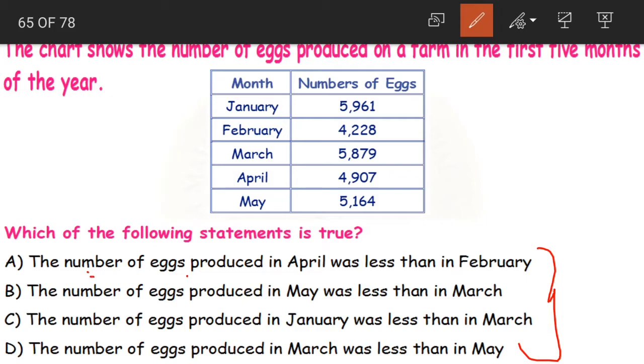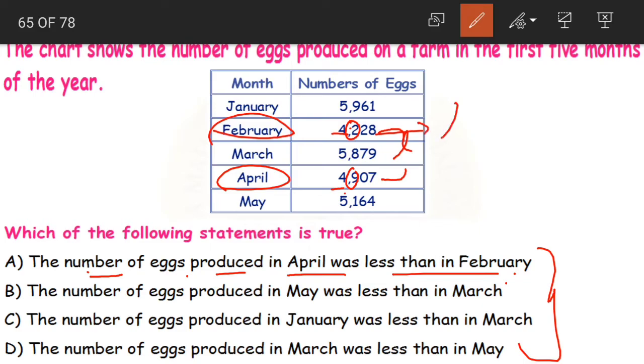Coming to option A. The number of eggs produced in April was less than in February. April, February. If we compare April and February, 4 and 4 the same. So, we will go with the next place, that is hundreds place, 2 and 9. Yes, children, 2 is less than 9.